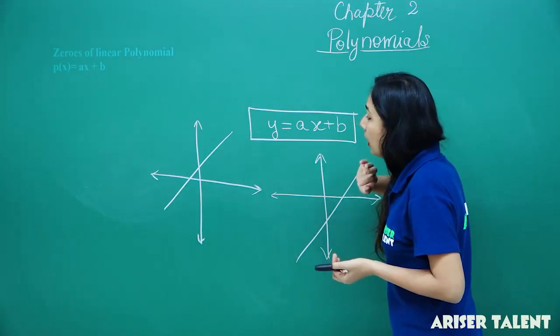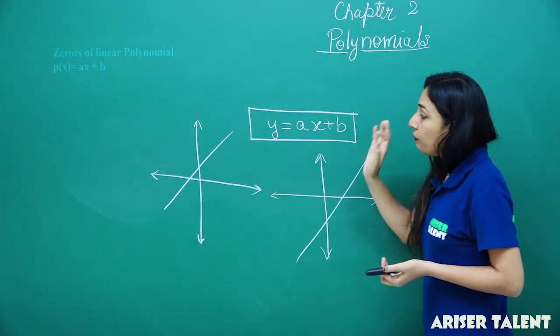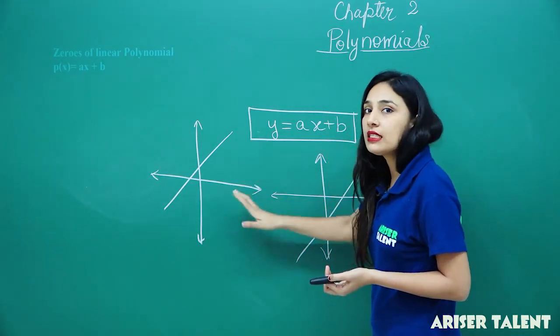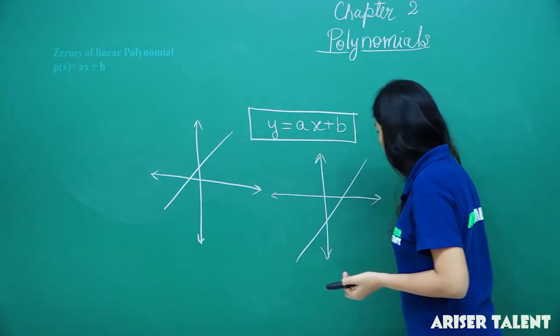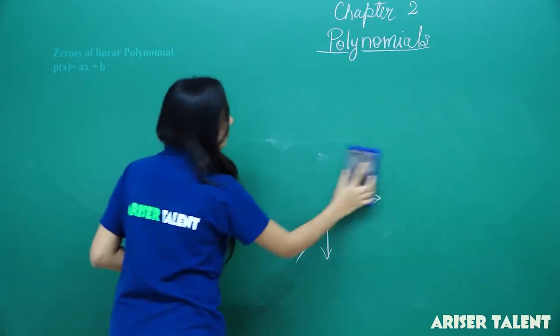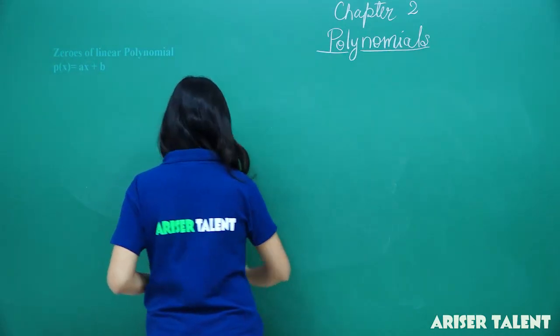So the line we will get will be a straight line. It will always be like this for a linear equation, linear polynomial.